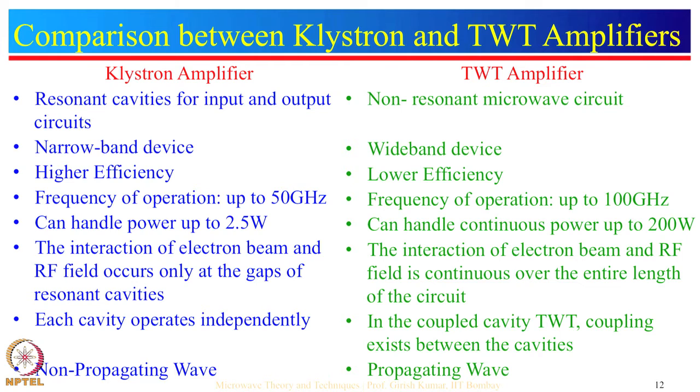Now, the next difference is that the Klystron amplifier is a narrowband device, whereas the travelling wave tube amplifier is a wideband device, and the Klystron amplifiers have higher efficiency as compared to the travelling wave tube amplifiers.